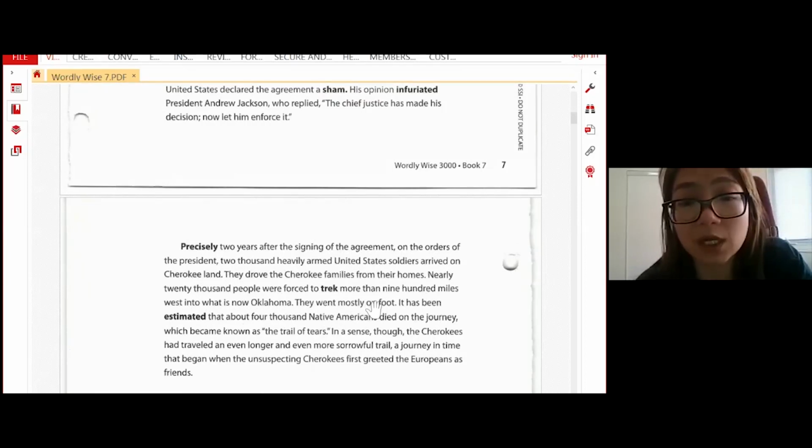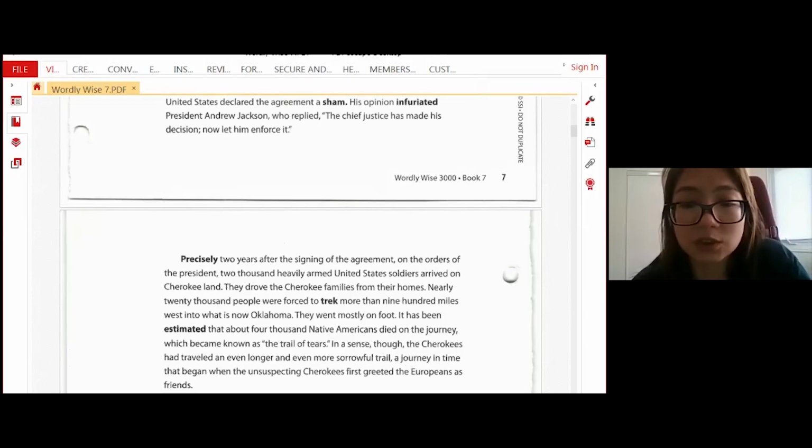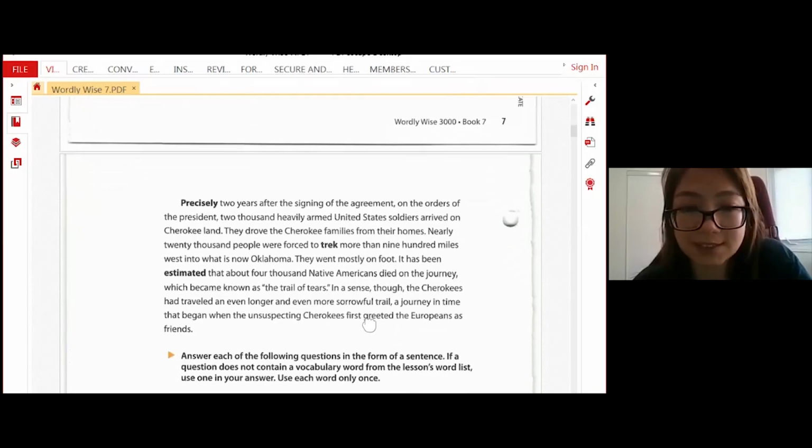They went mostly on foot. It has been estimated that about 4,000 Native Americans died on the journey, which became known as the Trail of Tears. Wow. In a sense, though, the Cherokees had traveled an even longer and even more sorrowful trail, a journey in time that began when the unsuspecting Cherokees first greeted the European as friends?